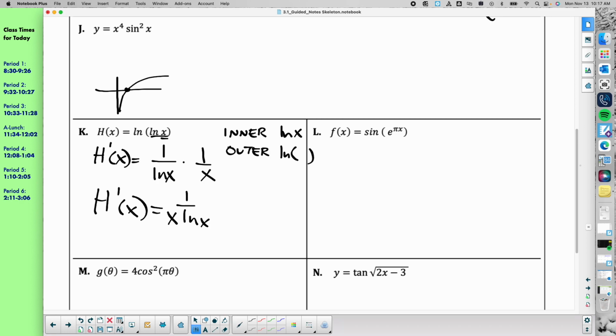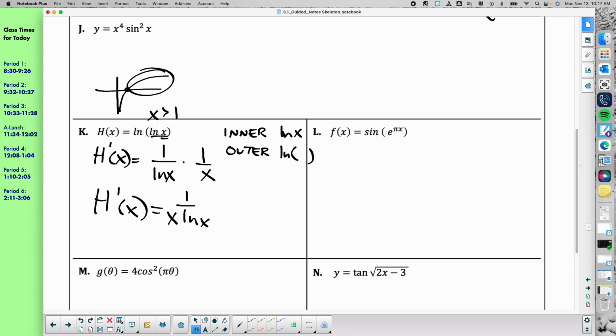So the domain restriction is you wouldn't be able to use any x values unless they were bigger than 1. Because any number smaller than 1 would make a negative natural log, which wouldn't work. So we haven't needed to worry about things like that yet, but as we go throughout the year, they start adding in details like that.